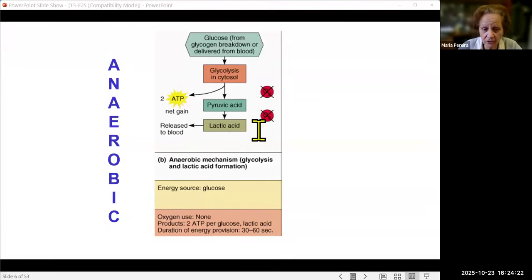But if there's not enough oxygen, then the pyruvic acid will be converted to lactic acid. So if you're over-exercising and there's not enough oxygen running through the blood to provide for the aerobic mechanism, then you have a lot of lactic acid accumulating in the muscle fiber.